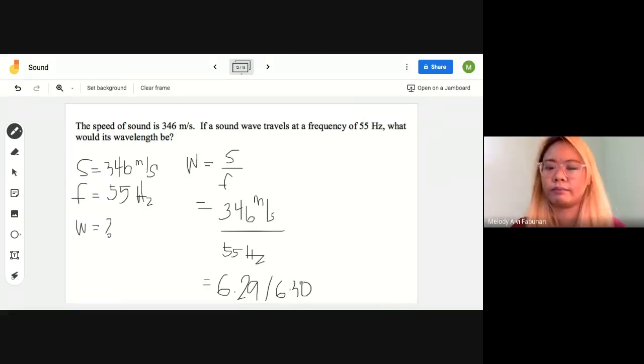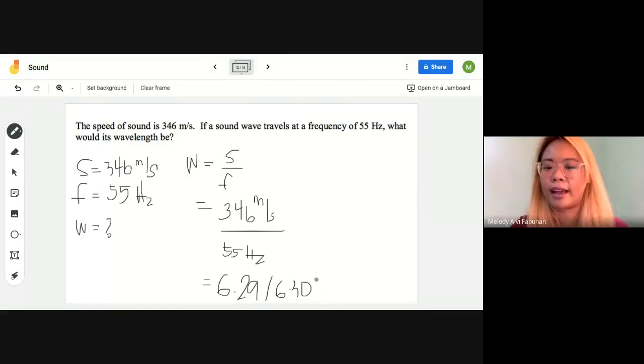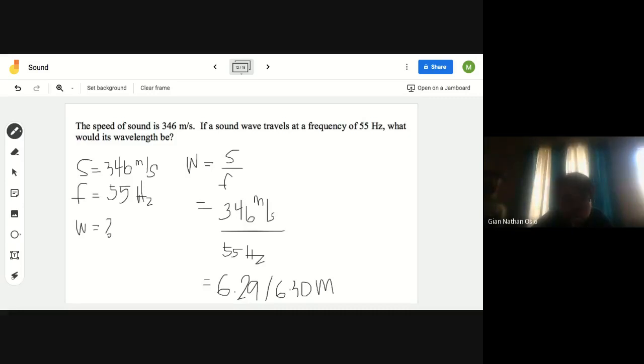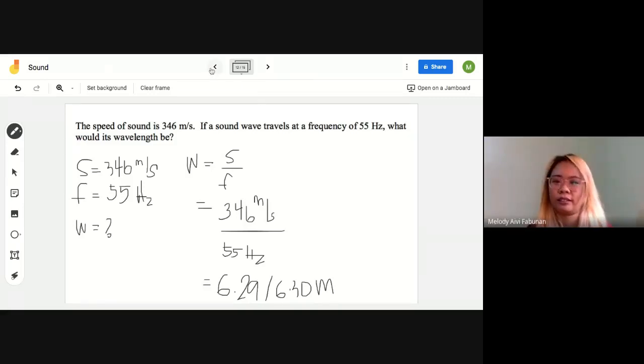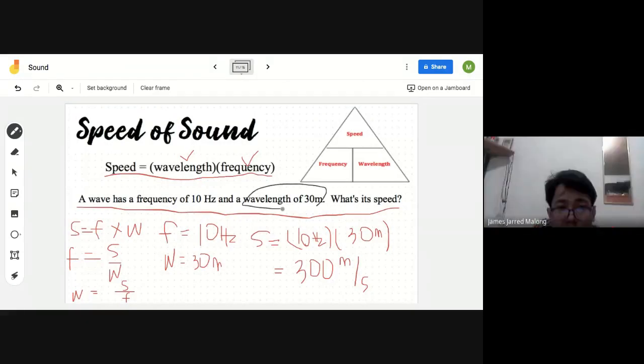The unit, hertz? Meter per second po. Mali lahat. Meters lang. Oh, never mind. Oh, just meters.